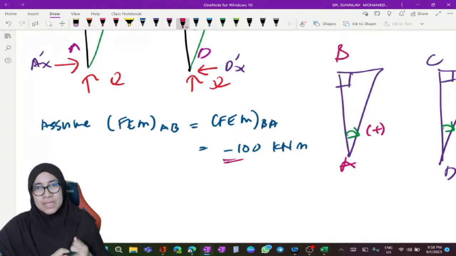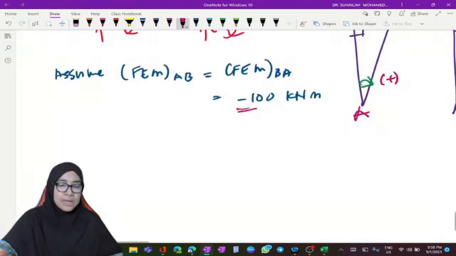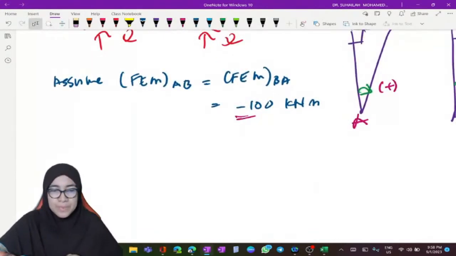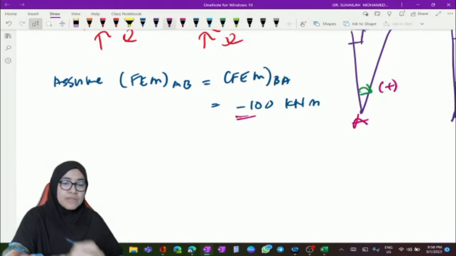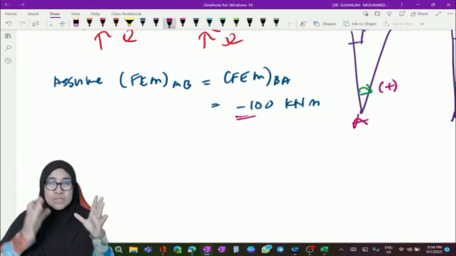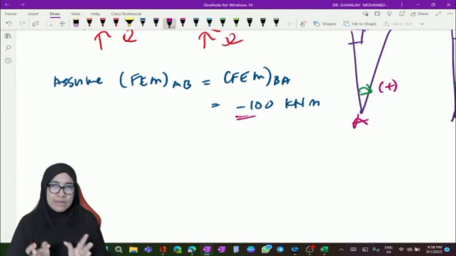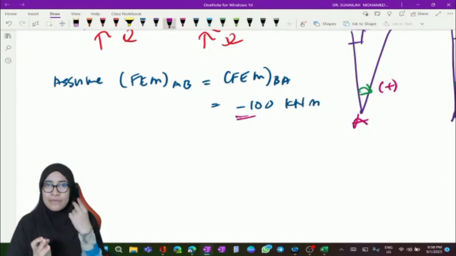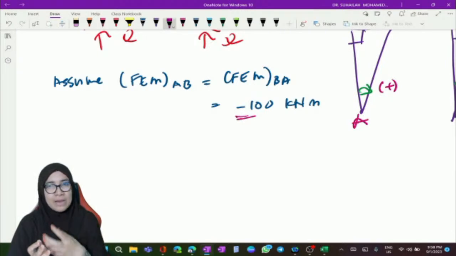Representing the behavior. Now we have to apply the formula, the formula to calculate FEM due to delta for both ends fixed. Even though we have two conditions, end fixed and end roller and pin, you can just focus on one formula only.